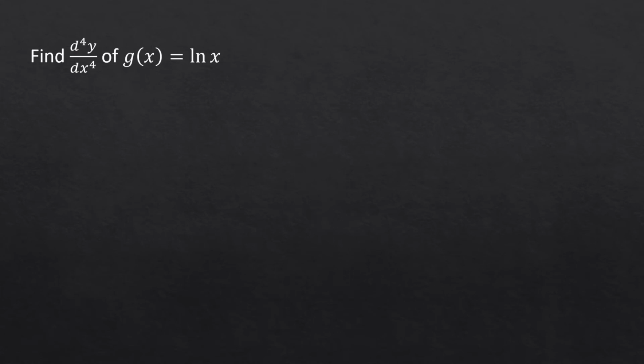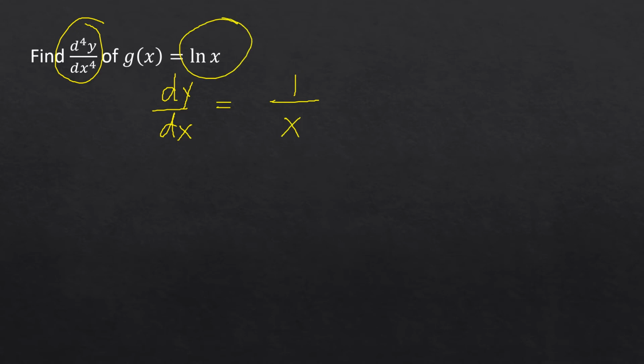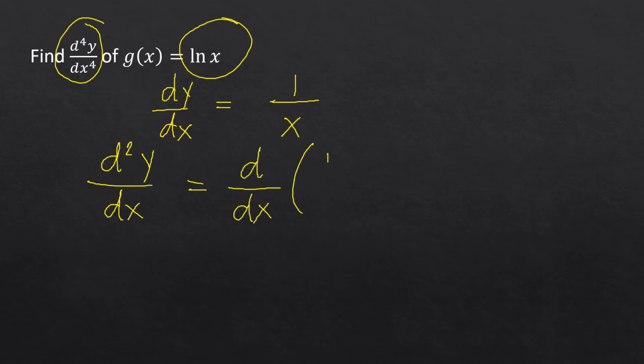Dito naman, kukunin natin ang fourth derivative of g of x is equal to ln of x. Let's have the first derivative dy over dx is equal to 1 over x. That is the derivative of ln of x. Now getting the second derivative is differentiating the first derivative, 1 over x.